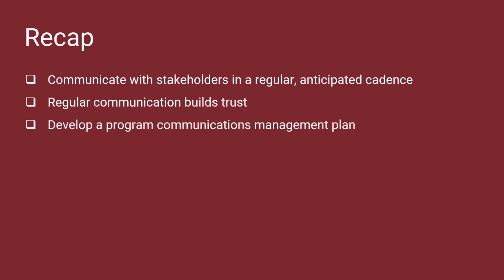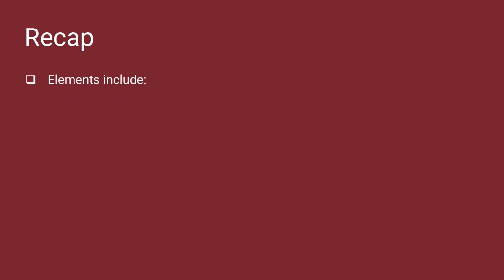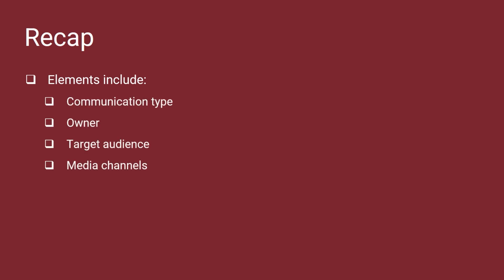The program manager should develop a program communications management plan to organize communication. Elements of the communications management plan include communication type, owner, target audience, media channels, frequency, objective, and comments.